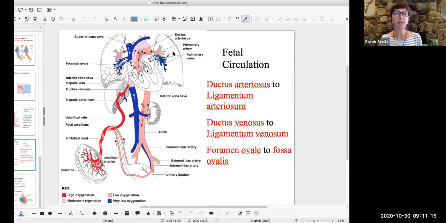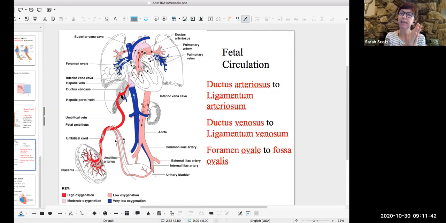So now that the lungs are providing oxygen, we need to undo everything that we've identified as unique about the fetal circulatory system and move toward the adult circulatory system. And we have to do it pretty quickly. So they clamp off the umbilicus and cut it. This lack of pressure causes the ductus venosus to collapse.